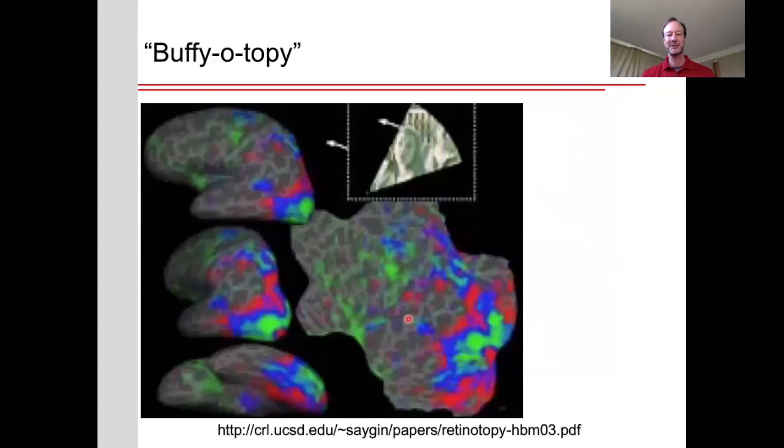One interesting variation of this retinotopic mapping is what has become known as Buffy-o-topy. This is another study where they did a very similar experiment, but they actually showed Buffy the Vampire Slayer, a TV show, in the background, but only showed a small segment of this, either in terms of a ring that's expanding or a small wedge that was rotating around. And by doing a very similar kind of analysis, you can map out the different visual areas.